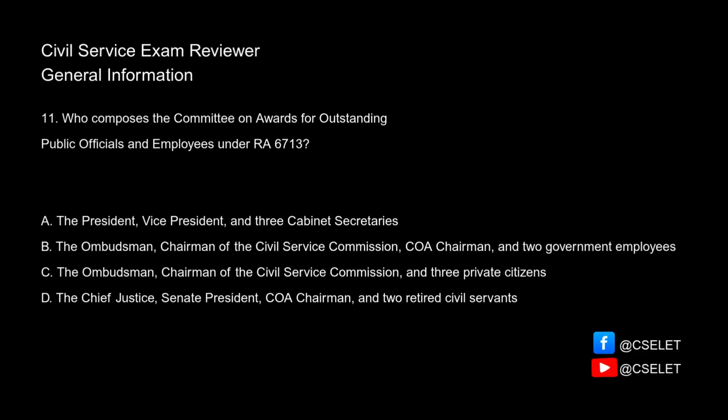B. The Ombudsman, Chairman of the Civil Service Commission, COA Chairman, and 2 government employees. C. The Ombudsman, Chairman of the Civil Service Commission, and 3 private citizens. D. The Chief Justice, Senate President, COA Chairman, and 2 retired civil servants.